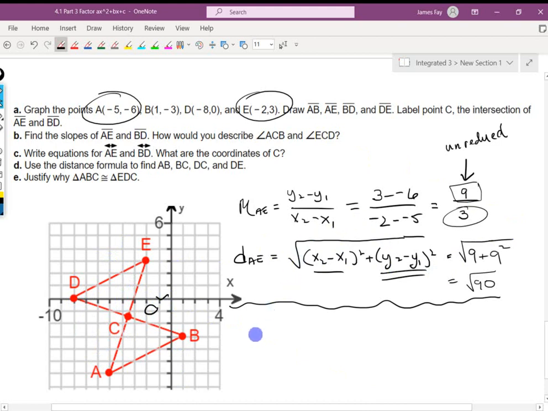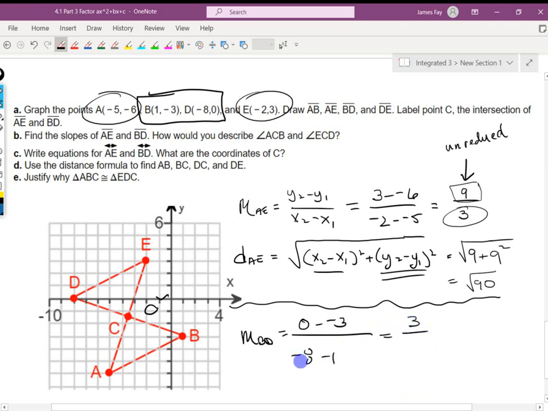Then I want to find the slope of BD. So slope of BD is going to be those two. So 0 minus negative 3, and then negative 8 minus 1. So 0 minus negative 3 is 3, and then negative 8 minus 1 is negative 9.